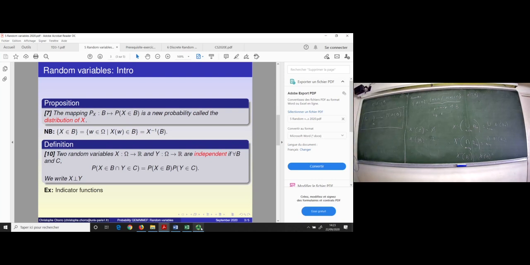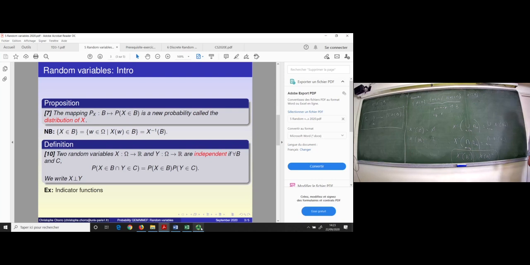Just a little remark concerning the last one I have written here. If you remember the slides I have given to you as prerequisite, I have defined operations on sets, and when I defined the complementary set, I said to be careful because the complementary set of a set depends on my universe.